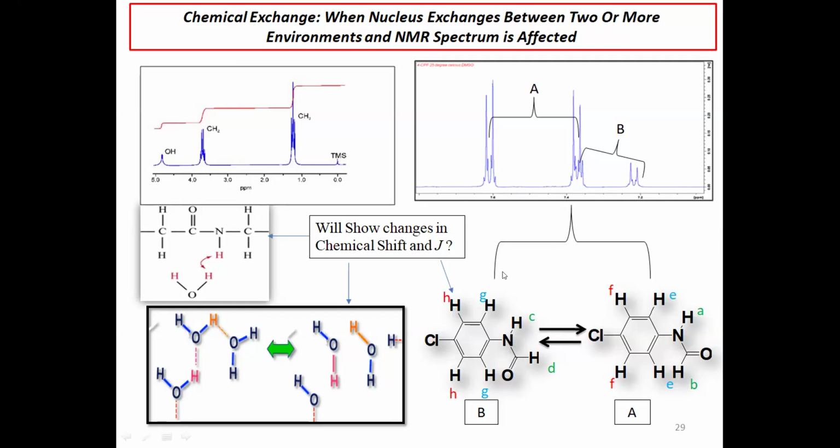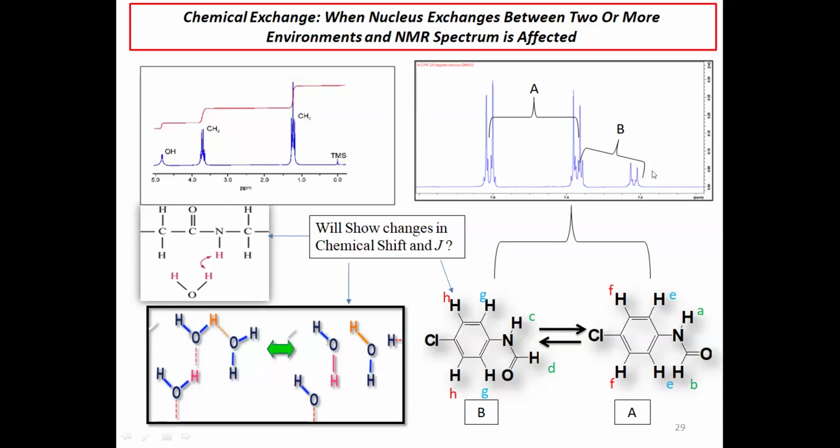Directly we could not see this, but if we look at the proton on the benzene, we can see a spectrum like this, where form A and form B, which I have shown here, are represented in this form.